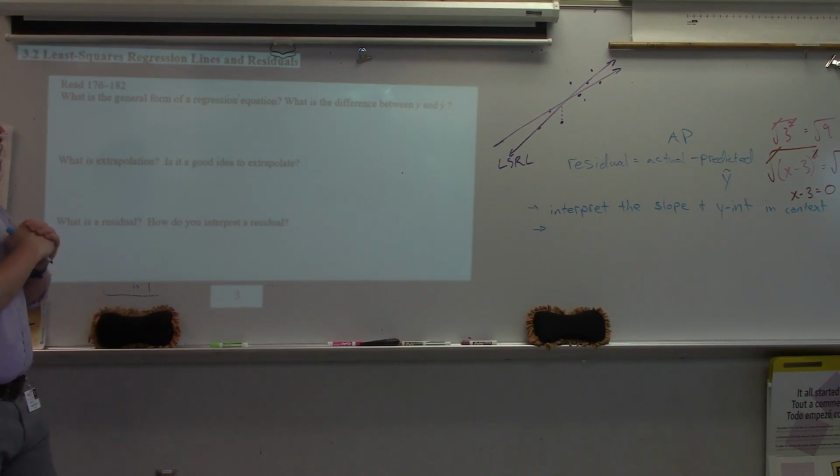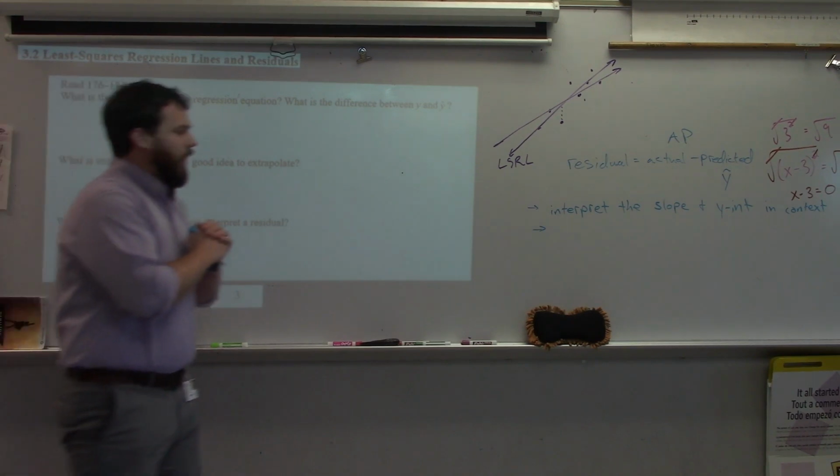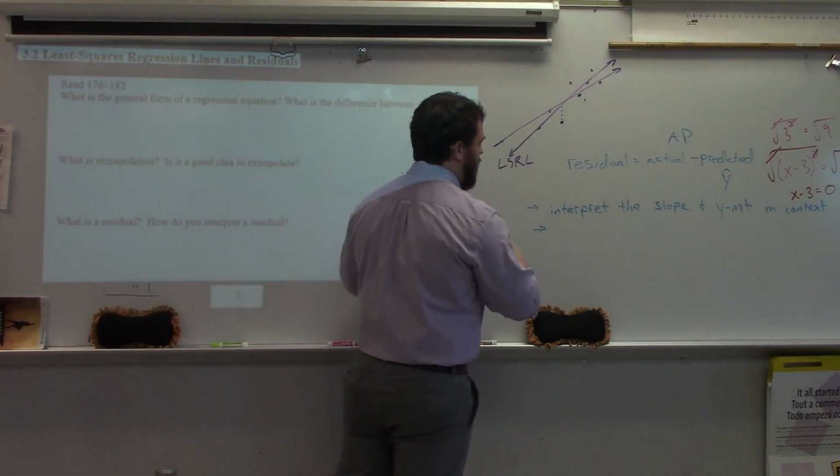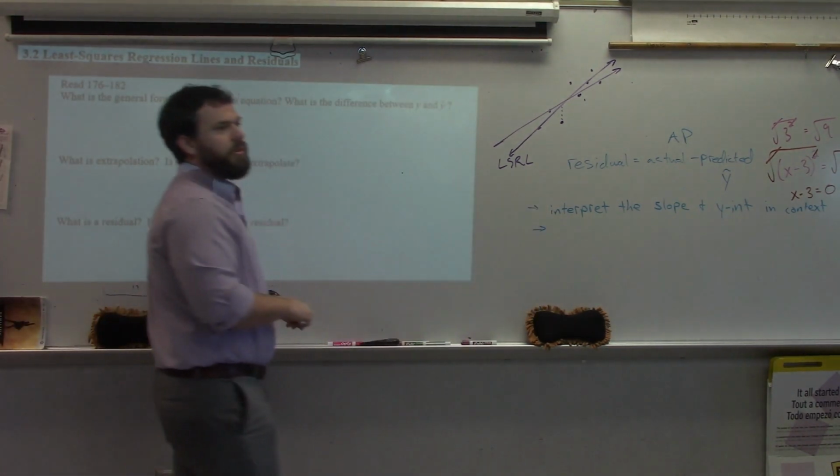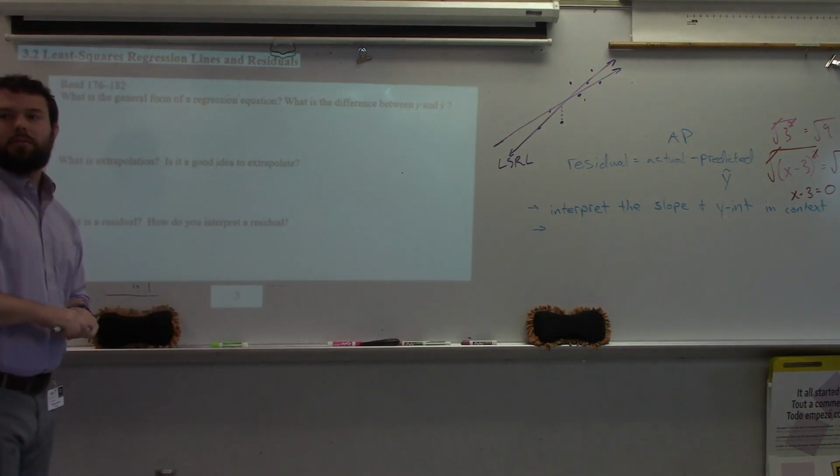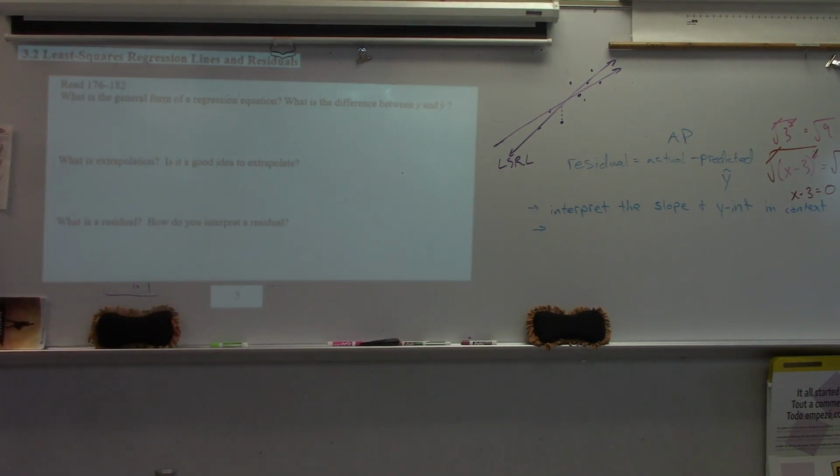So we have to interpret the slope and y-intercept. What about, how do we use a least squares regression line to predict? It's just an equation.